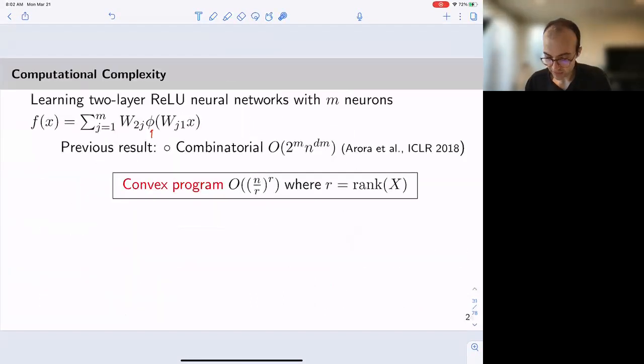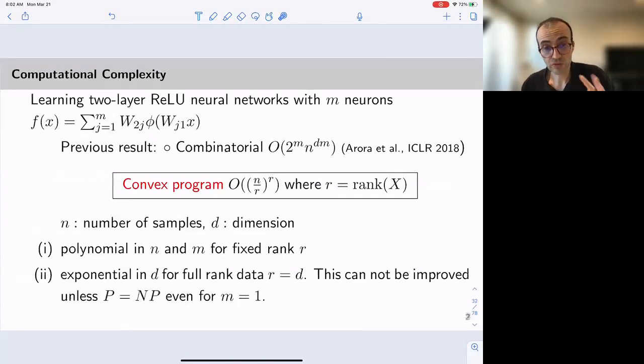And I will show you how many that number is. It actually controls the complexity of solving this problem. Turns out, training a 2-layer ReLU network, if you do it brute force, is actually very hard. Why? Because you have this ReLU activation here, right? It is on or off, and you have to search over all on-off patterns.